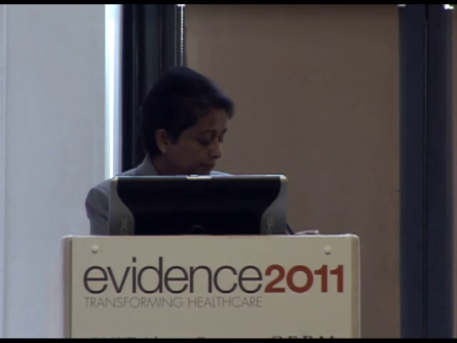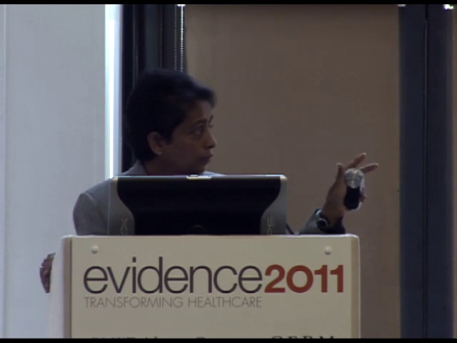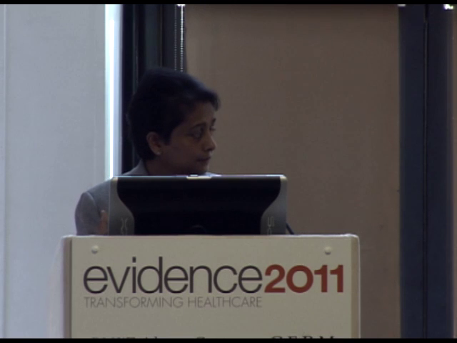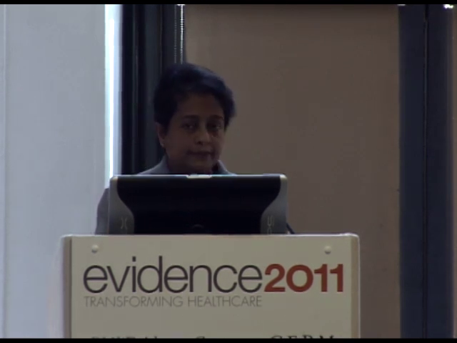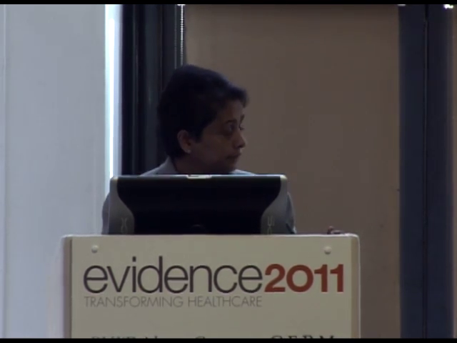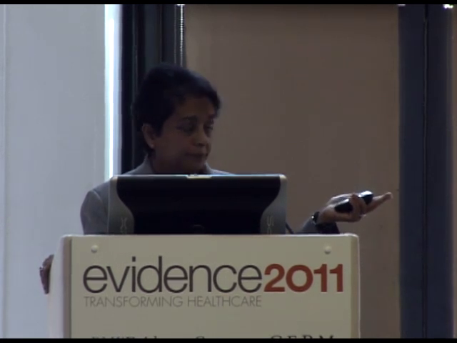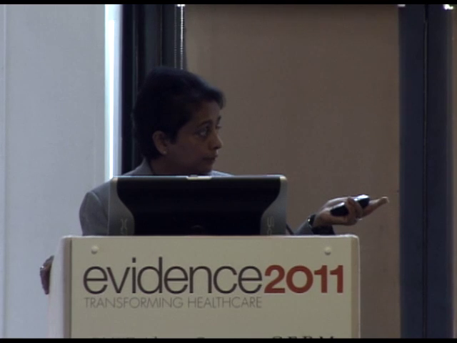Now I want to take a few minutes to focus on the barriers and what we have done, a few lessons that we have learned, and to showcase a few tools that we have developed to try and overcome the lack of program budgets, the issues of affordability, feasibility, the issue of priority setting.